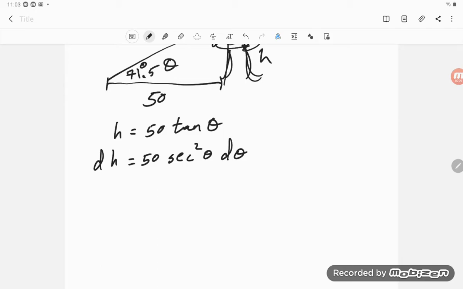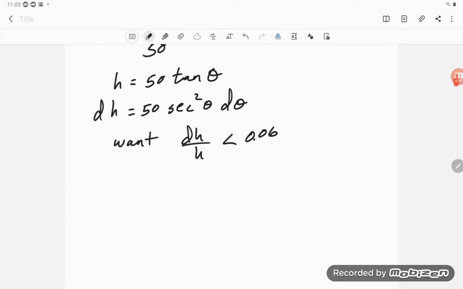What they are asking is they want the relative error in the height of the tree to be less than 0.06. So they want dH over H to be less than 0.06. But if that's the case, I'll just substitute. I have 50 secant squared theta d theta.